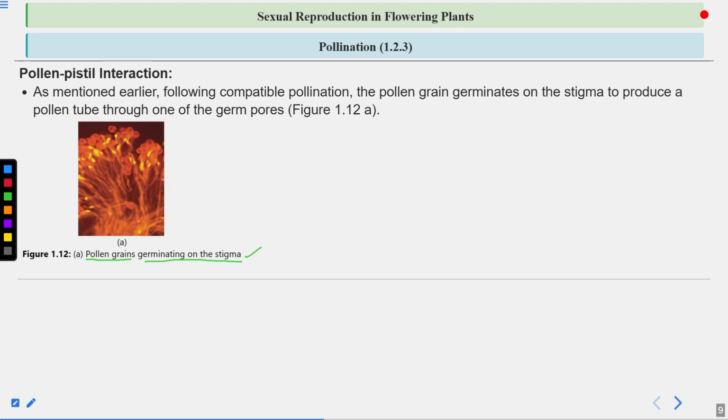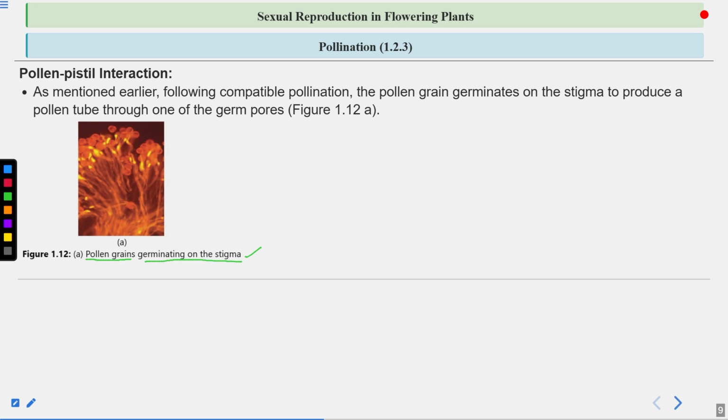Yesterday, one of the students asked me: many pollen grains fall on the stigma and germinate, but do all of them reach the embryo sac and do fertilization? No, it is not like that.